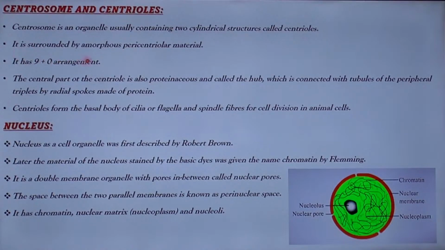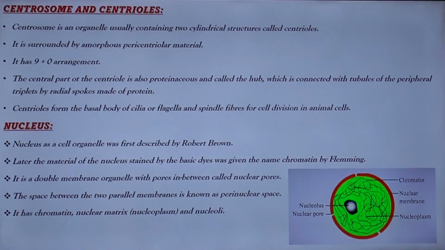It is surrounded by amorphous pericentriolar material, and it has 9+0 arrangement. The central part of the centriole is also proteinaceous and called the hub, which is connected with the tubules of the peripheral triplets by radial spokes made up of protein.